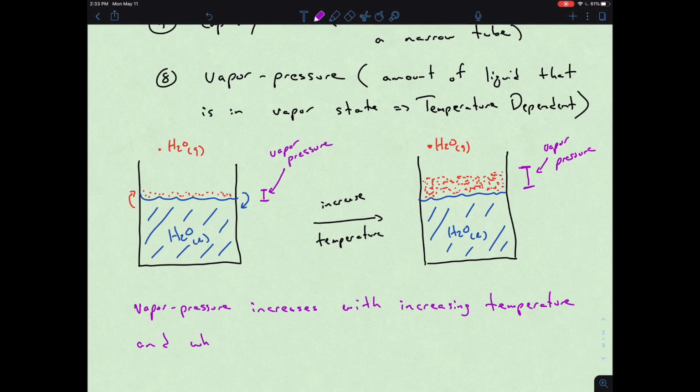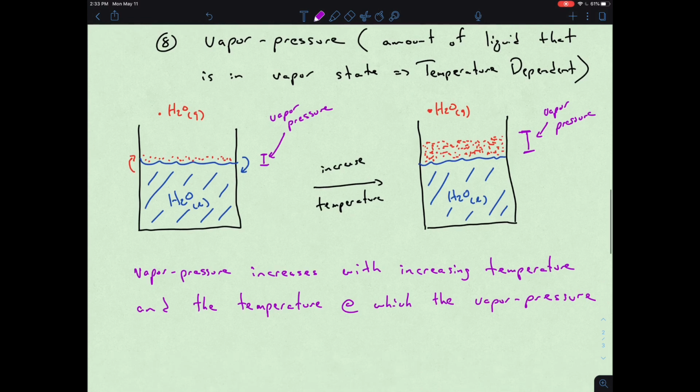And the temperature at which the vapor pressure equals the atmospheric pressure, that's the boiling point.